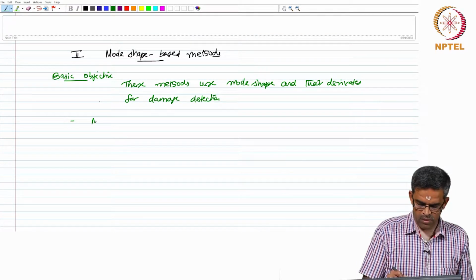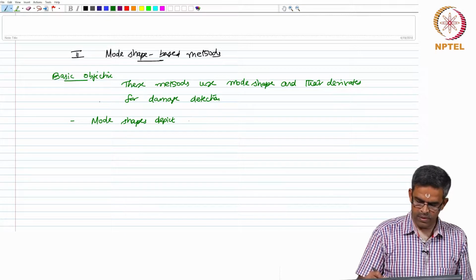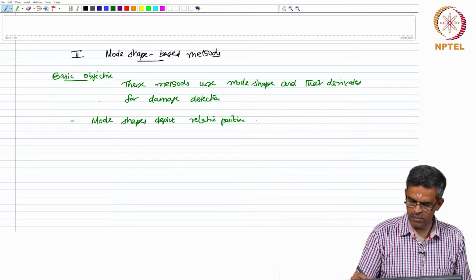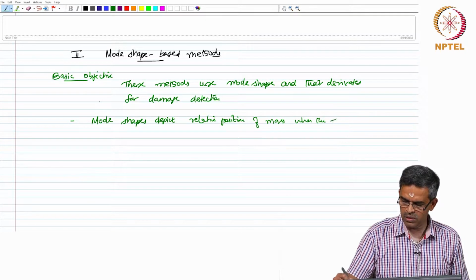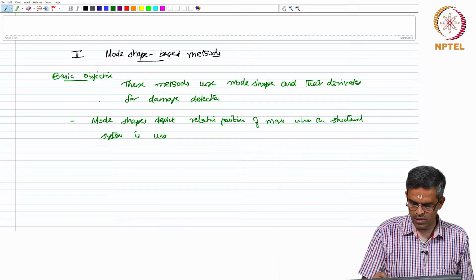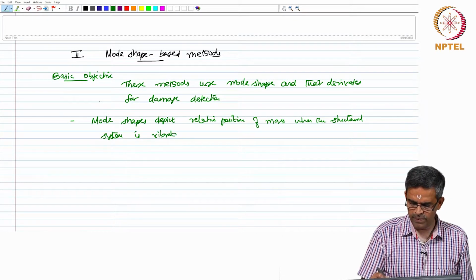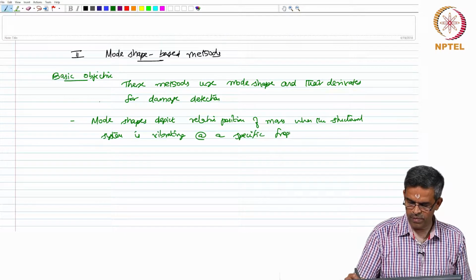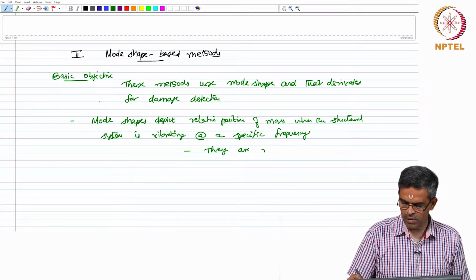Because mode shapes actually depict the relative position of mass when the structural system is vibrating at a specific frequency, and therefore, they are mass sensitive.